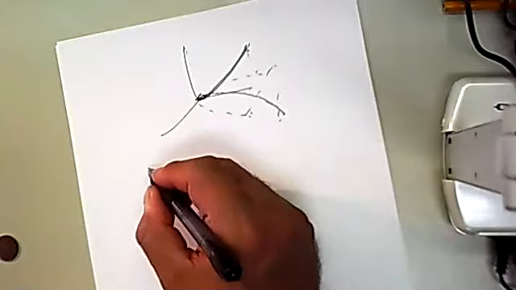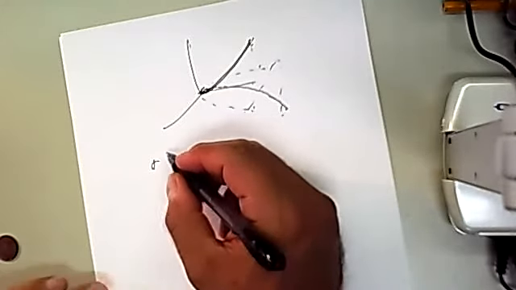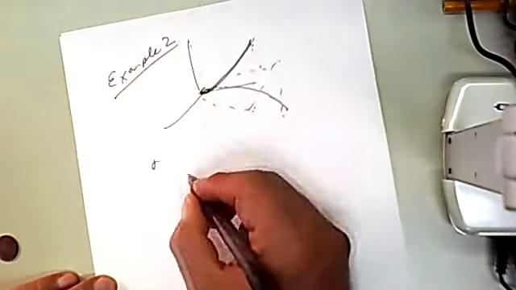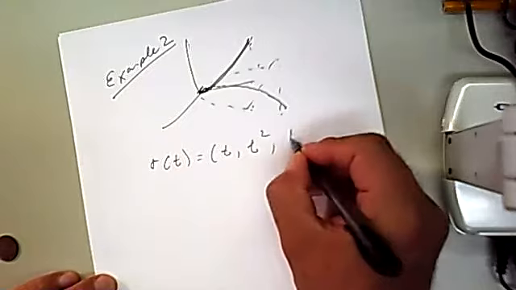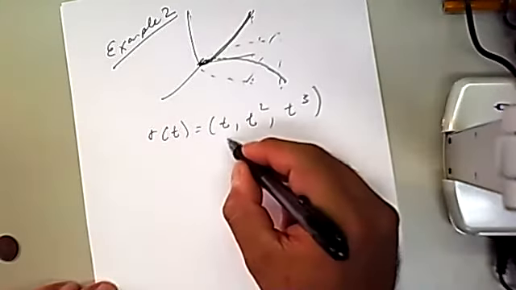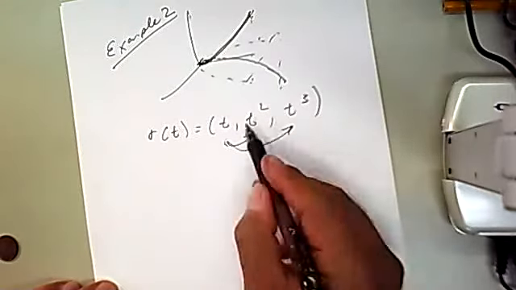This is example 2. The original equation is t, t squared, t cubed. What I would advise you to do is to move those around, exchange those two or those two.